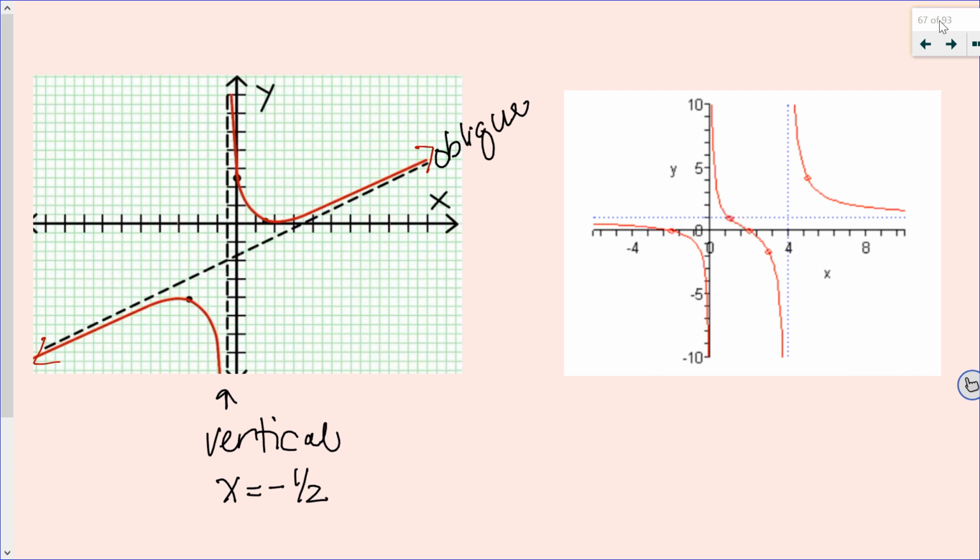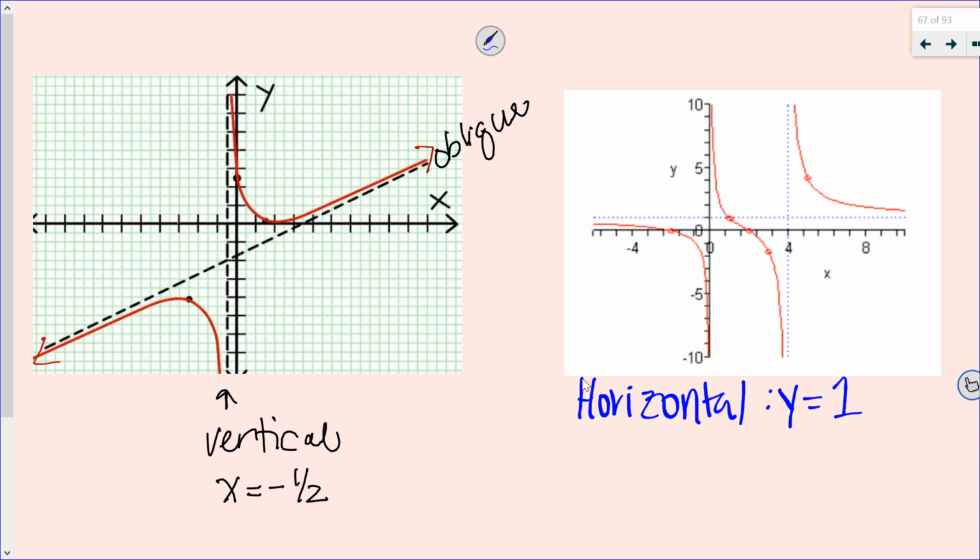What kind of asymptotes are on this graph on the right? What do we have here? Letitia? You have one horizontal and two vertical. Okay, what are the equations? We have a horizontal, and what's the equation of the horizontal asymptote? Y equals 1. Cool, yeah.